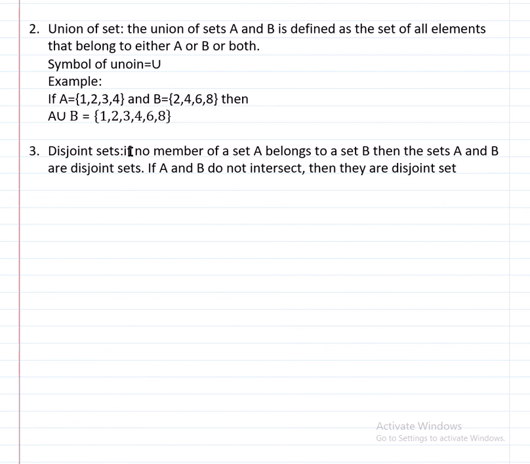Okay, so there's no intersection between them. All right, so let's make an example. Let's make an example of it.